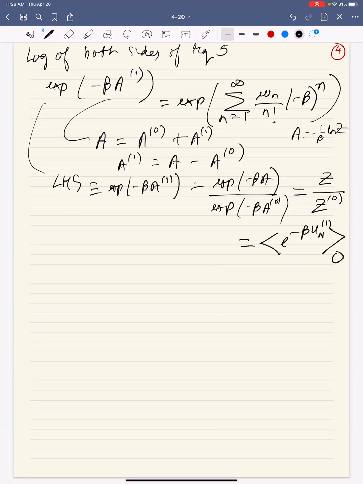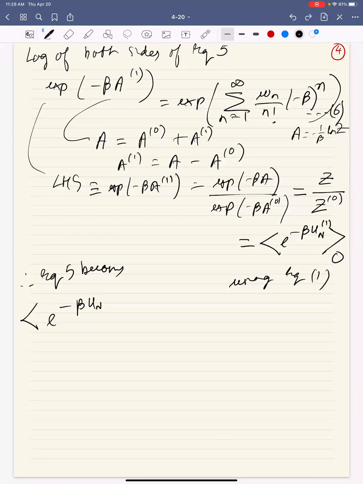So using equation 1, and let's call this equation 6, we have just shown that the left-hand side of equation 5 becomes e to the power minus beta U1. I was going to ignore the n.